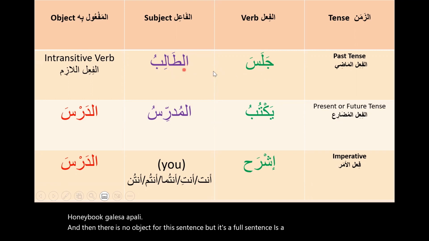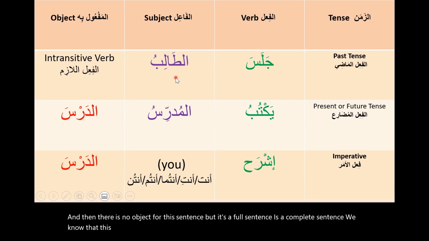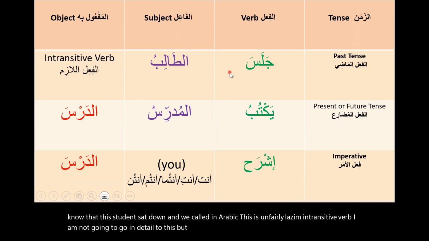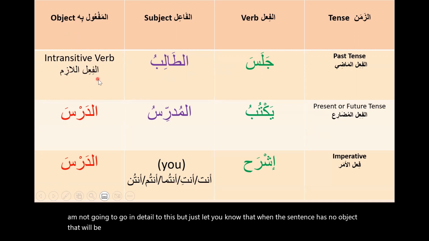We know that the student sat down, and we call this in Arabic al-fi'l al-lazim, intransitive verb. I am not going to go into detail, but just let you know that when a sentence has no object, that is called intransitive verb. And this is in the past tense.